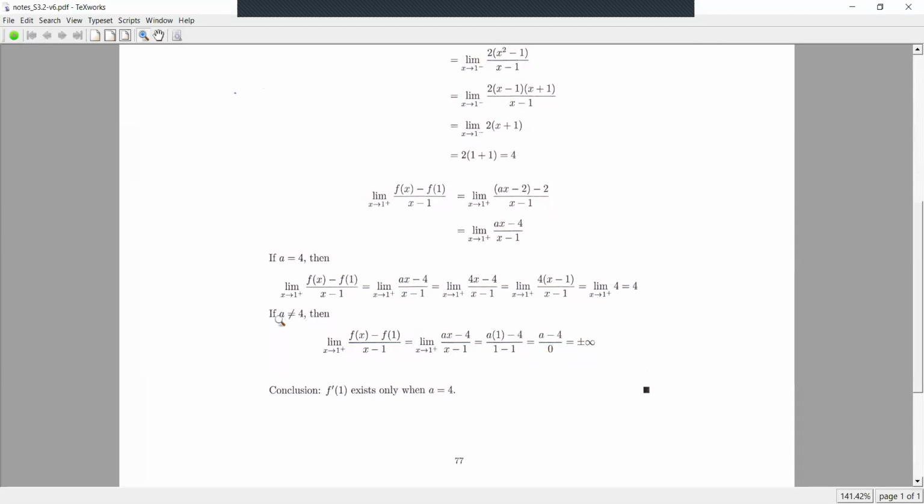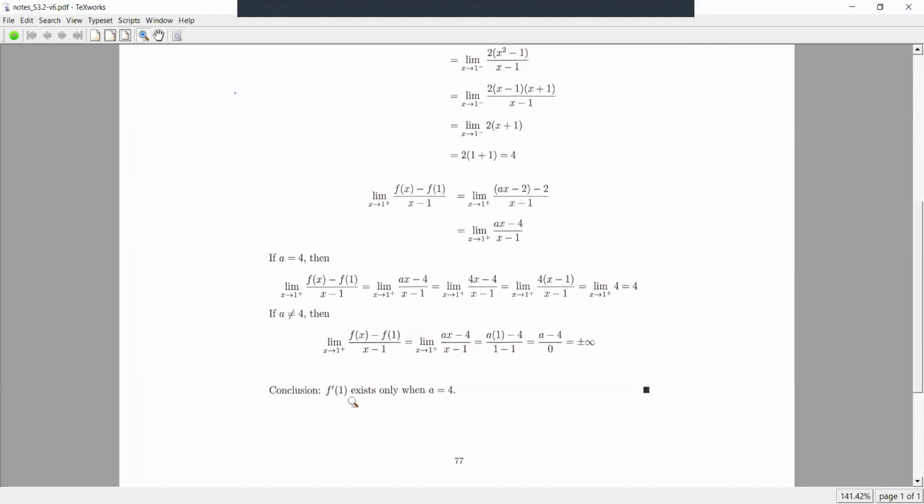Now, a is not equal to 4. So a minus 4 is a non-zero number. Non-zero number divided by 0 is infinity, either positive or negative. Now, we can make the conclusion. Derivative at 1 exists. Derivative is a both-sided limit.